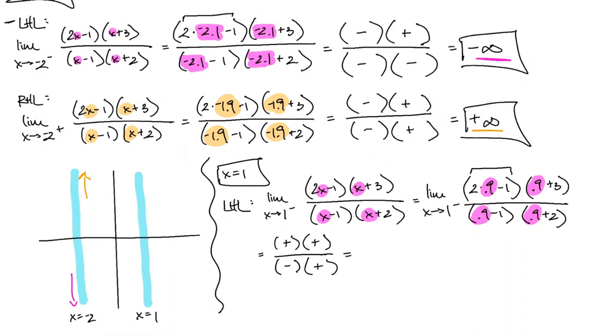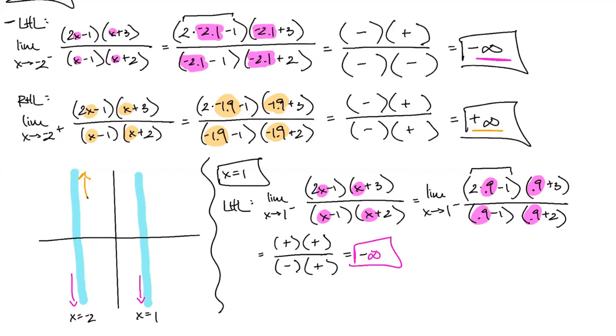And now we know that a positive number divided by a negative number is going to be negative. But because we picked a number that was so close to 1 and we got negative, it means that when I go back to my graph at x equals 1, on the left-hand side of it, the graph will be going down. So I can already start to sketch this graph if I wanted.